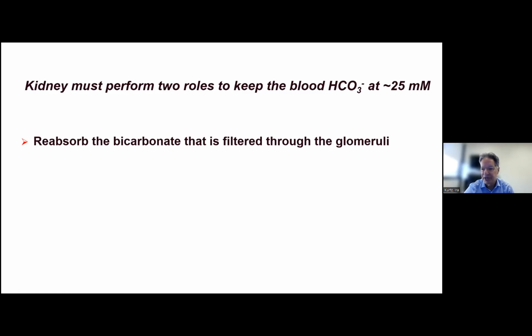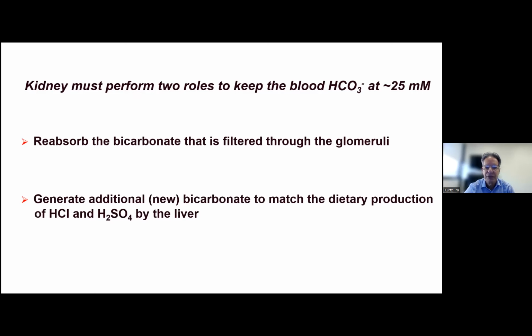But that's not enough. Even if the kidney was able to absorb all the bicarbonate coming through the glomeruli, there's another process which also tends to decrease the blood bicarbonate concentration, and that's the fact that because of the food we eat, our liver generates hydrochloric and sulfuric acid every day, and the protons that are derived from those two acids would deplete bicarbonate.